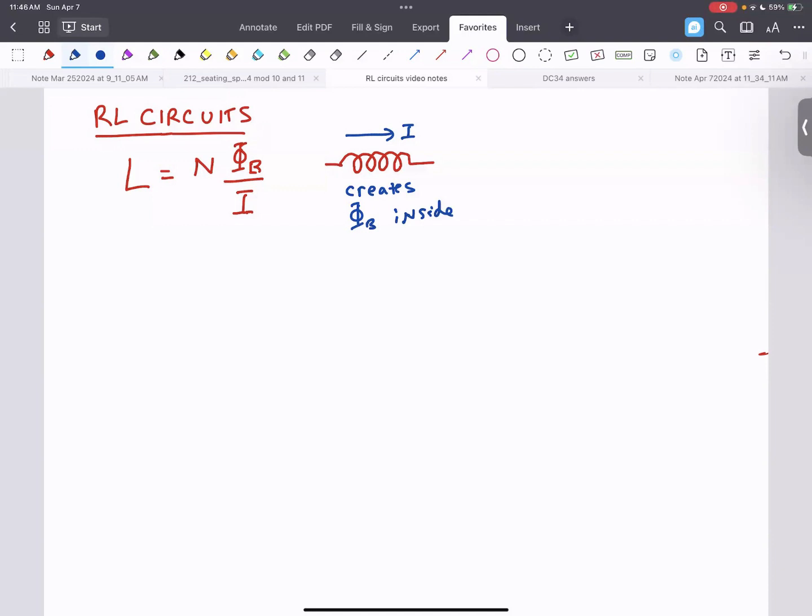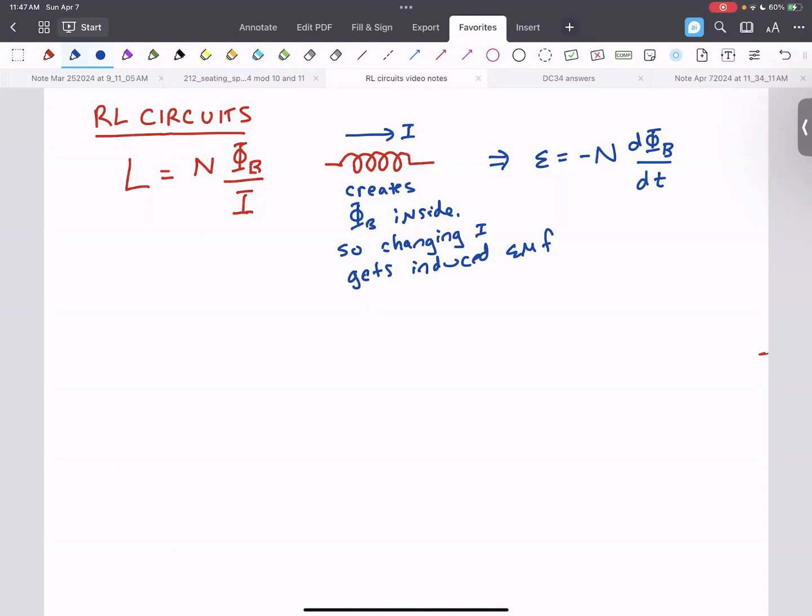And then what that allows us to say is that if the current changes, then the magnetic flux through it changes. And so we have a relationship with Faraday's law, which remember tells us that you get an induced EMF that is going to oppose that change in flux. So a changing current gets an induced EMF.